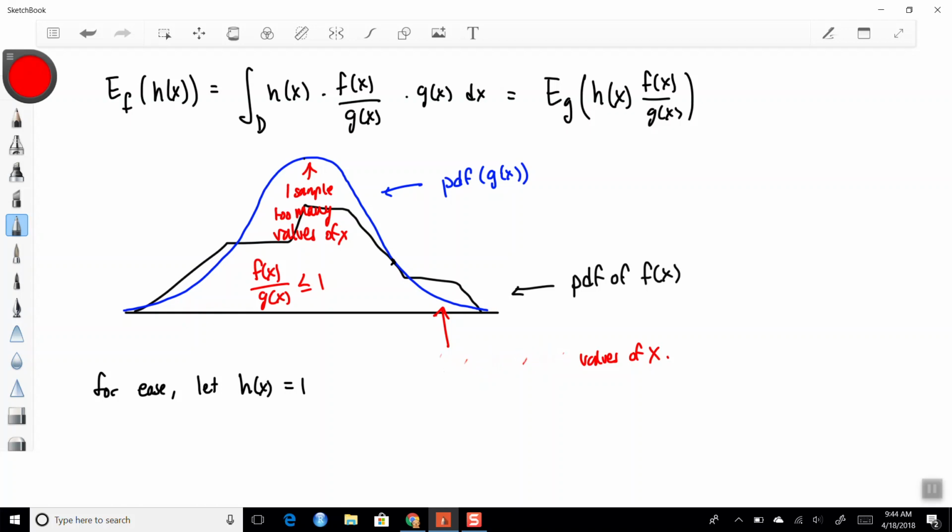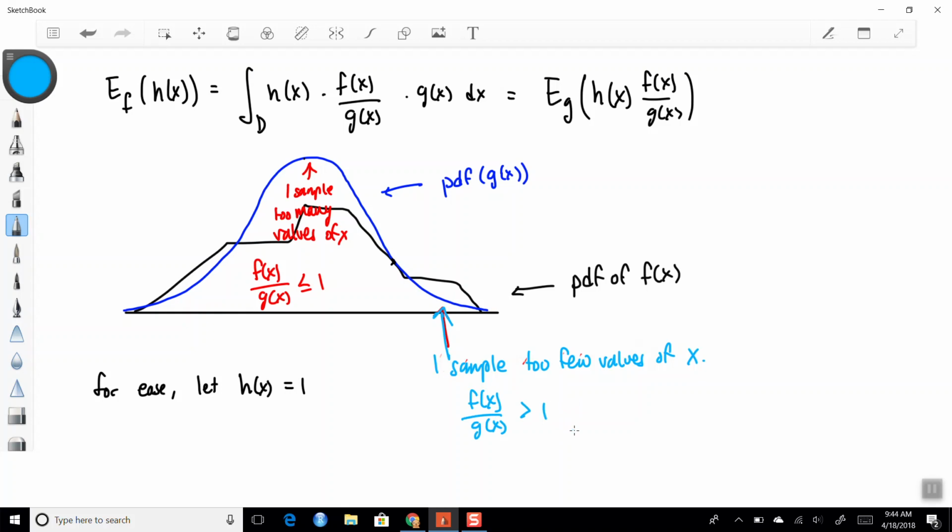And over here, where my g of x is shorter than f of x, I sample too few values of x, but here f of x divided by g of x will be greater than 1.